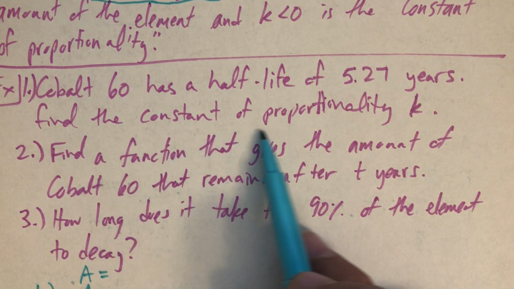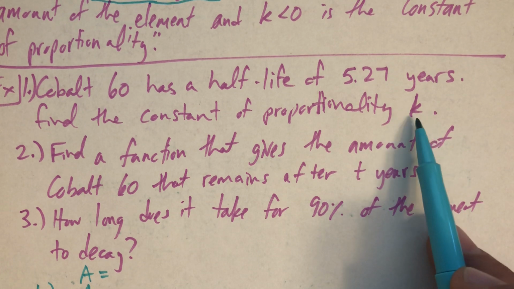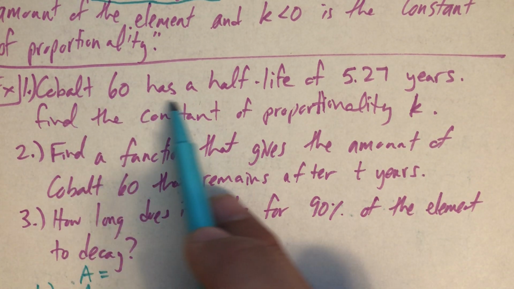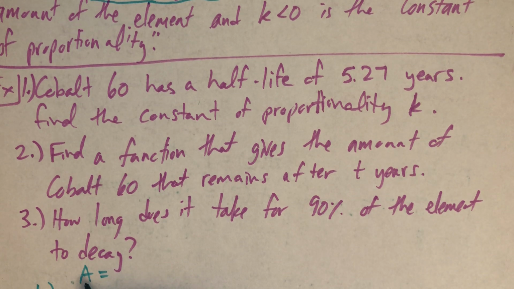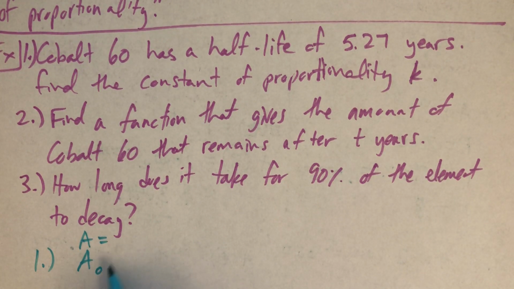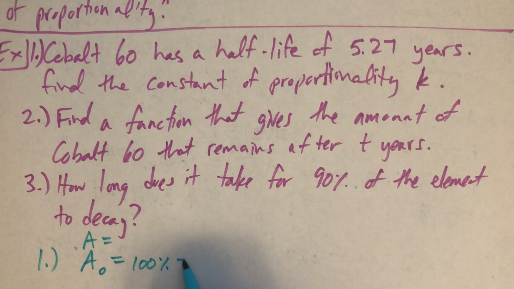Find the constant of proportionality K. So we want to know what K is. We do know that half of our cobalt-60 will be left after 5.27 years. So we could say that if we called the initial amount 100%, that's just 1, then the amount that we finish out with is going to be 50%, right? Or we could write 0.5.